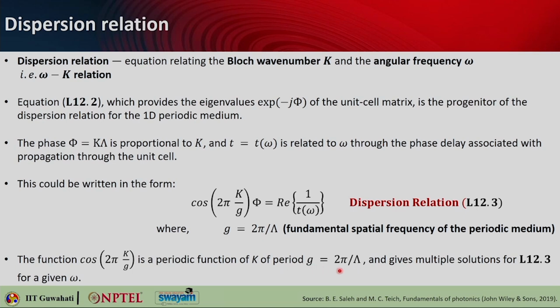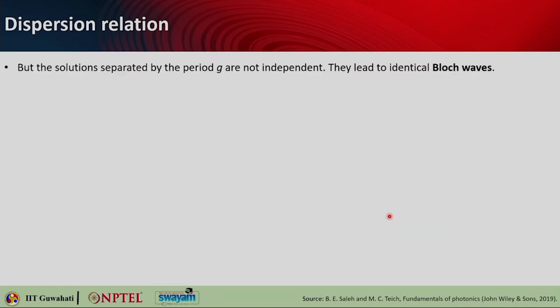So, G is nothing but 2 pi over capital lambda, and this gives multiple solutions for this equation for any given omega, and that is how you are able to obtain the dispersion relation, which is typically shown in the photonic band diagram.